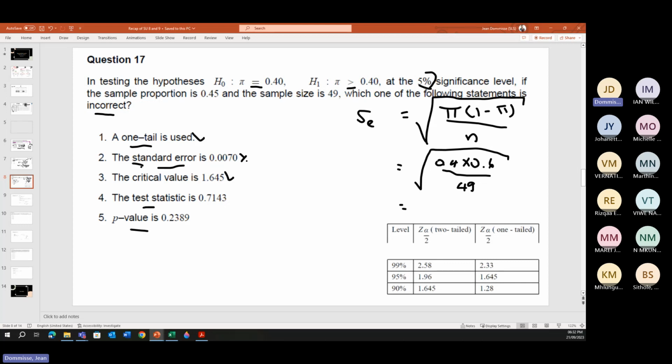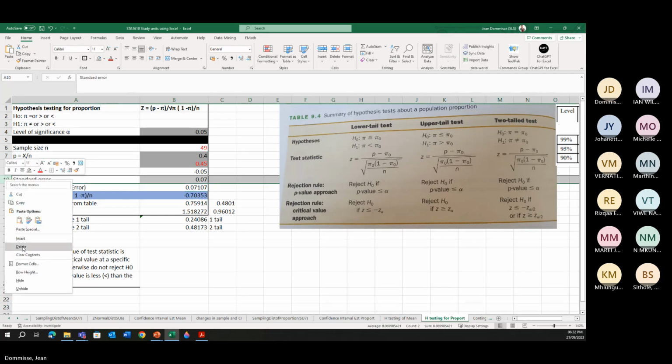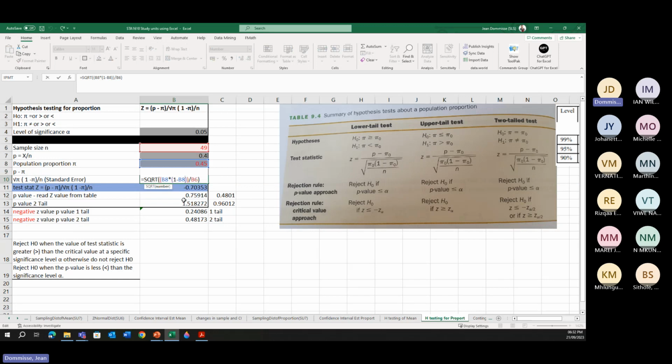So that one was the incorrect one. But let's further add, so that was standard error. Sorry, there it was actually done, so we can keep it.